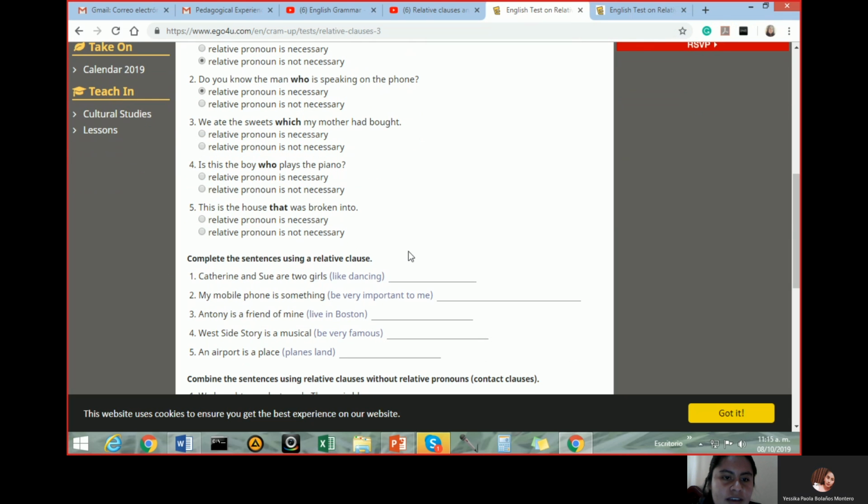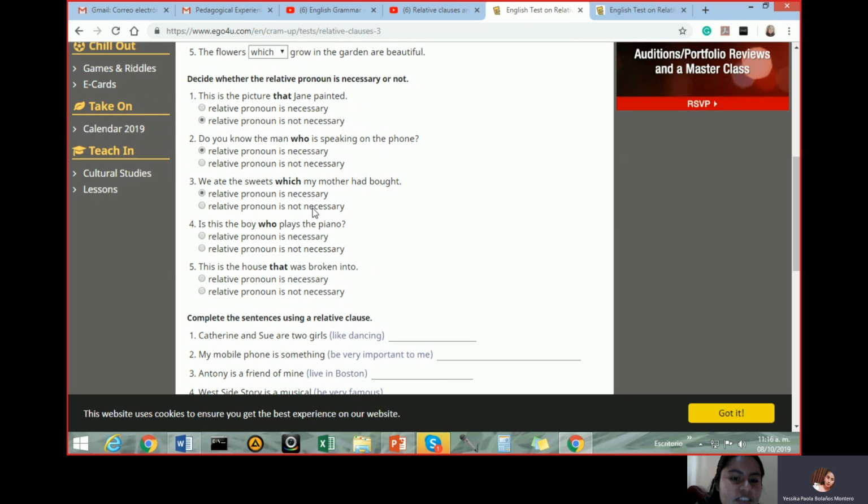Number 3. We ate sweets which my mother had bought. Do you think that the relative pronoun is necessary or not necessary?